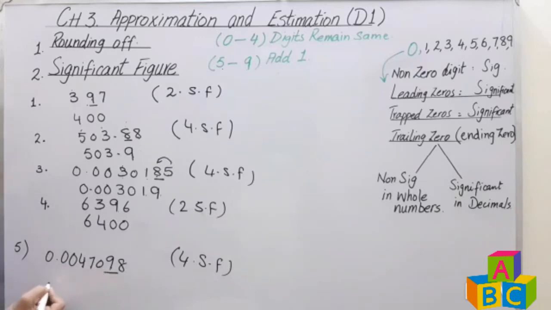We underline the target number and round it. Before telling the significance, we round the digit. So our answer is 0.0047, and with the rounding it becomes 0.0048. This is your 4 significant figure answer, because this 0 after the decimal is significant: 1, 2, 3, 4. The 4 significant figure answer is this.